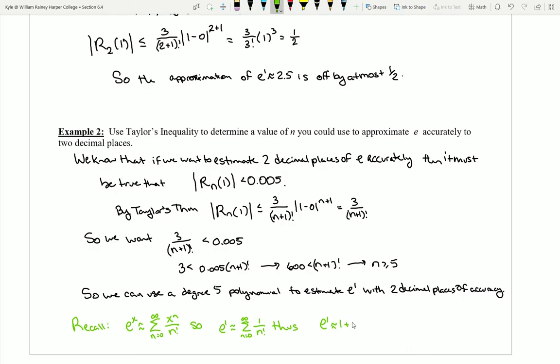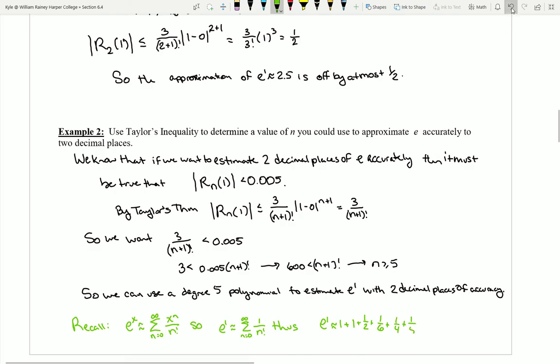see, 1 over 0 factorial is 1, 1 over 1 factorial is 1. Notice I'm going to do 1 over 2 factorial, then 1 over 3 factorial, then 1 over 4 factorial, and then finally 1 over 5 factorial.